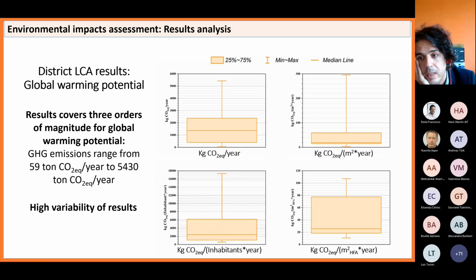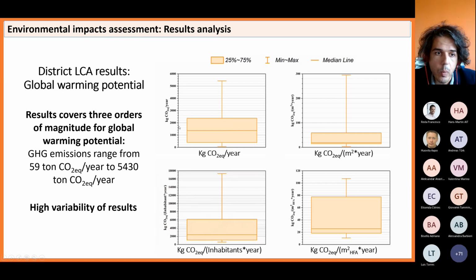Since LCA, as I showed you before, is the most used methodology in this topic, you can see that among the numbers, if you look at CO2 equivalent that we took as an example, numbers are very different.